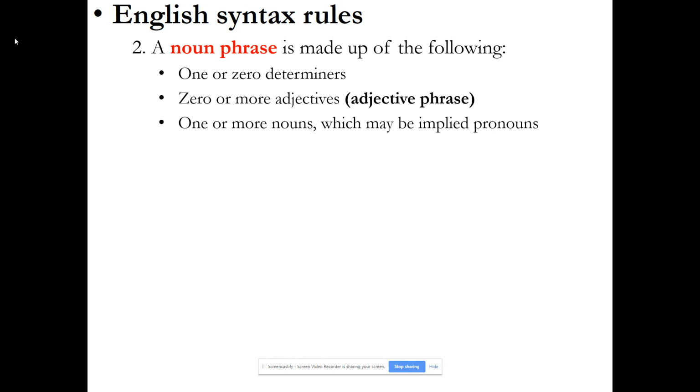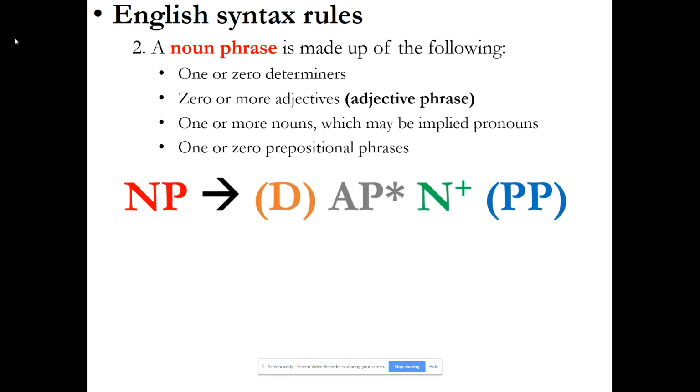And also sometimes pronouns or nouns are implied in utterances, so it may not be there, but it's implied, and it still functions as a noun. And then, of course, you can have one or zero prepositional phrases at the end of the noun phrase.